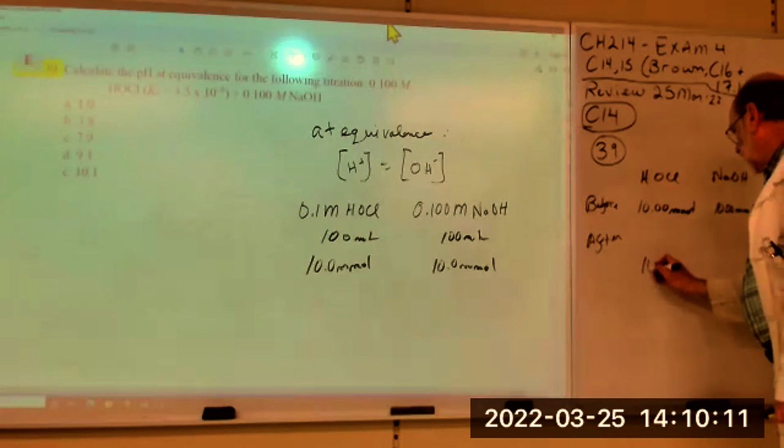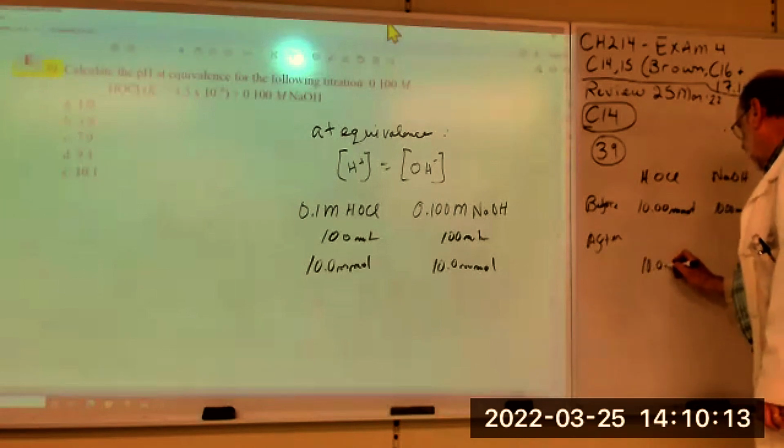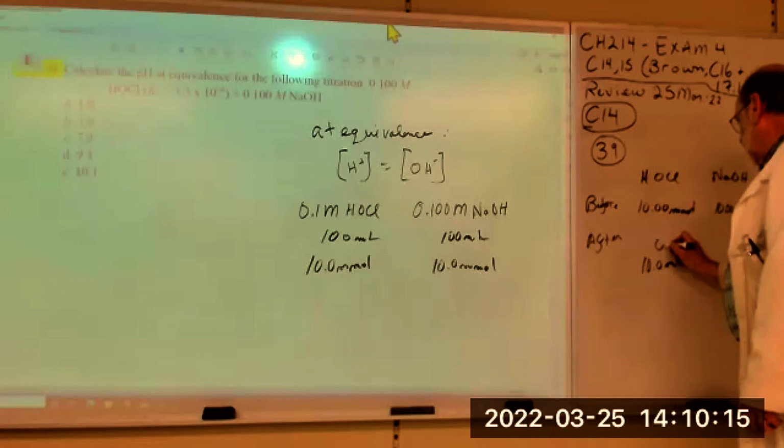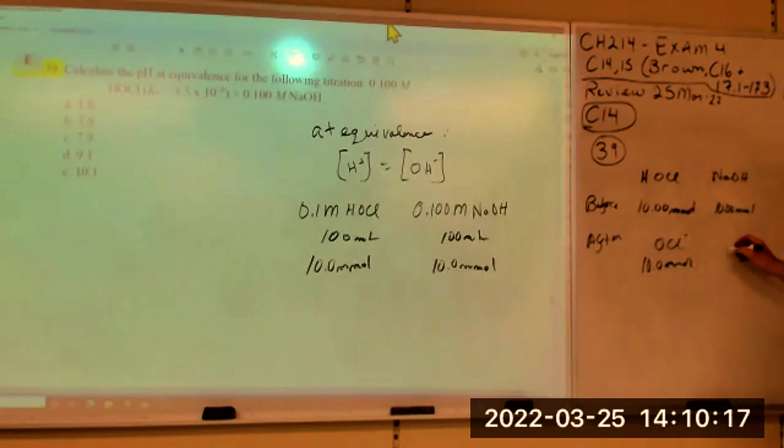We also have 10 millimoles of OCl minus, and we have 10 millimoles of sodium. There we go.